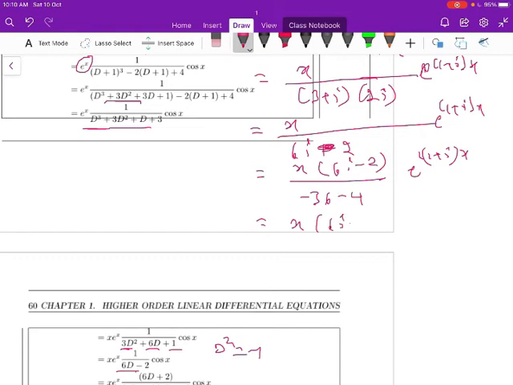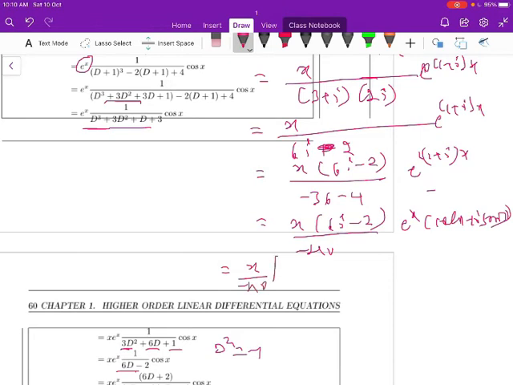So this implies x into (6i minus 2), by minus 36 minus 4, that is minus 40, into e power x into (cos x plus i sin x).